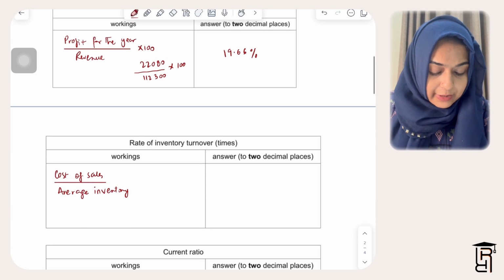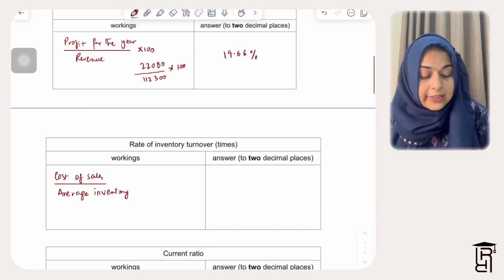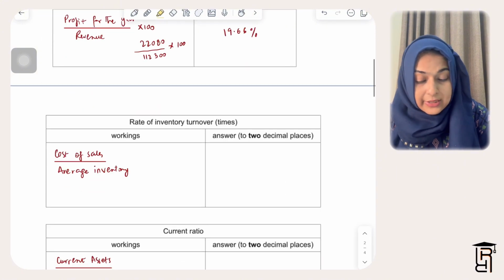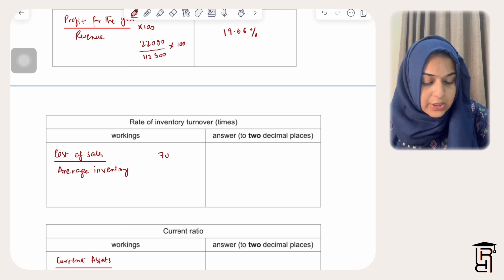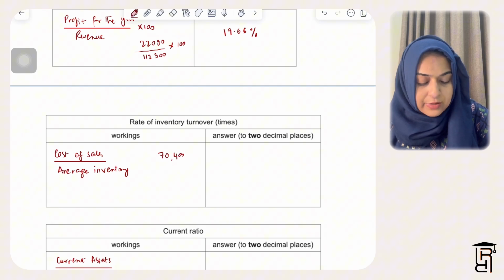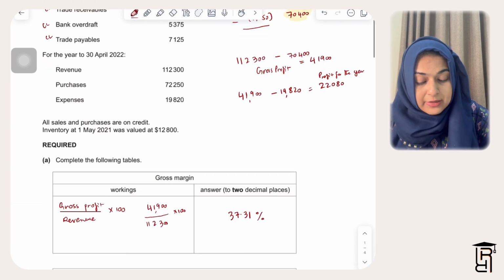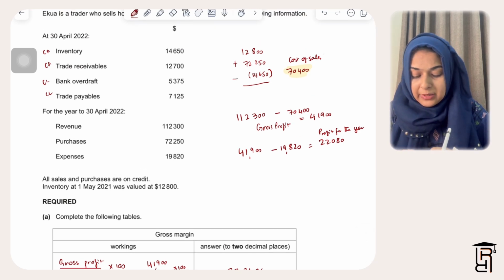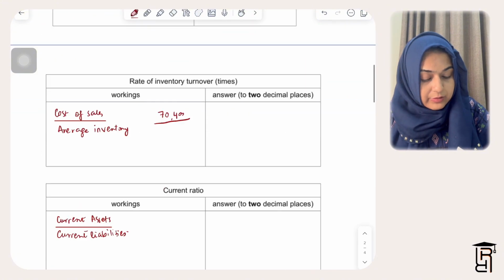Then rate of inventory turnover. Cost of sales I calculated for the first part, that was 70,400. So I will record that in the numerator, 70,400, and average inventory is opening inventory plus closing inventory divided by 2. So opening inventory is 12,800 plus closing inventory is 14,650 divided by 2 is 13,725.